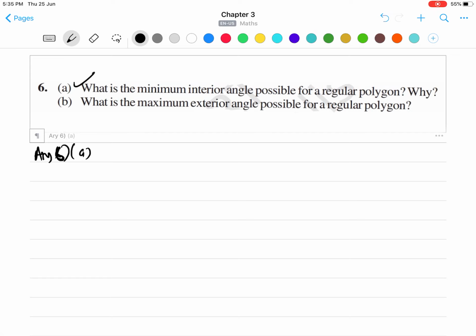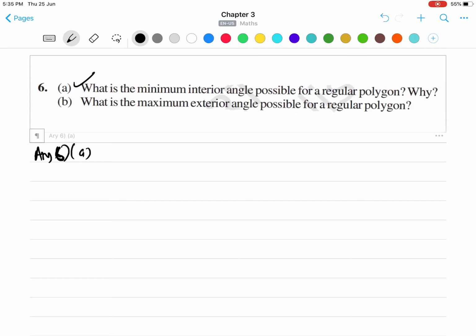In order to answer this, first you should know the number of minimum sides we require to make a polygon. Like we studied in the first session of this chapter, we can have a polygon with a minimum of 3 sides, that is a triangle.